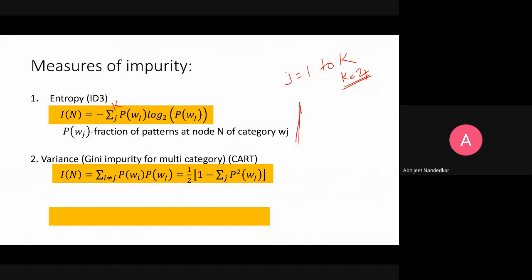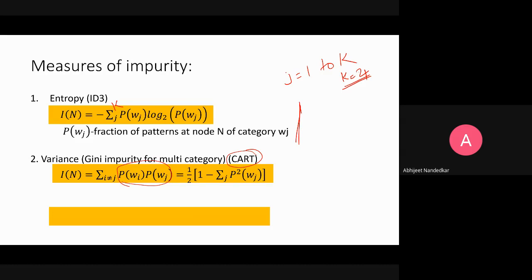The second measure is called variance or Gini impurity for multi-category, which is basically used in the CART algorithm. It is nothing but the variance or covariance between two groups.